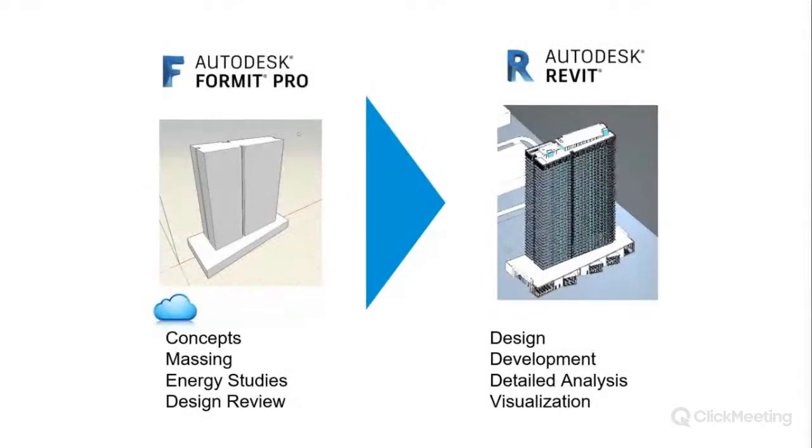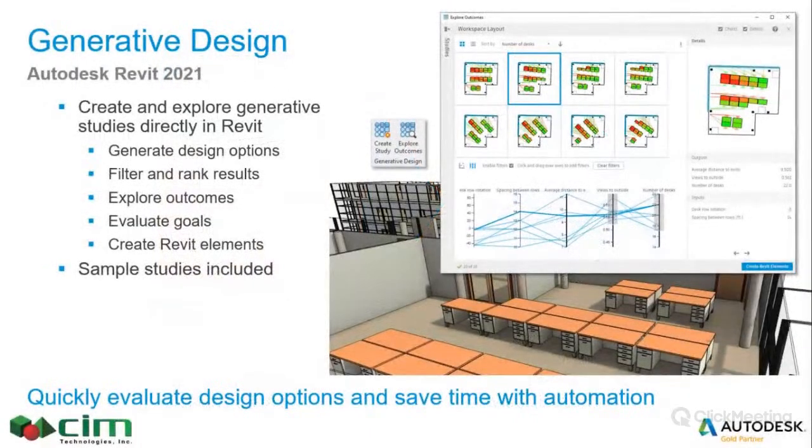So in Revit, one of the tools that you can also use is the generative design. Okay. So in generative design, you can directly use it in Revit to quickly generate and evaluate high-performing design alternatives based on your goals, constraints, and inputs.